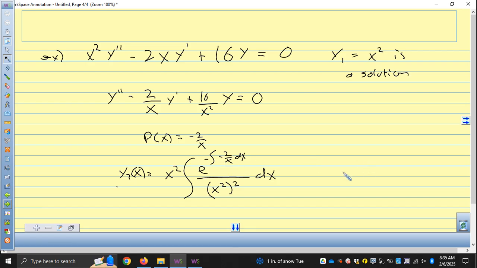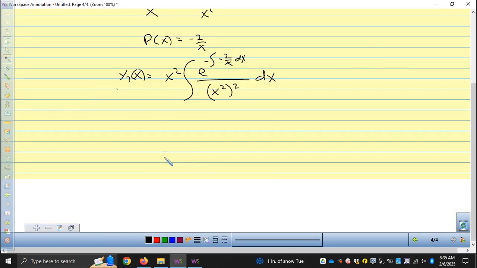So e to the integral of 2 over x dx is e to the 2 ln x.